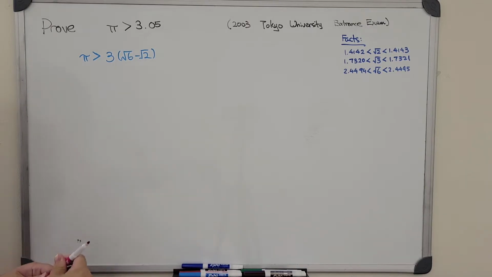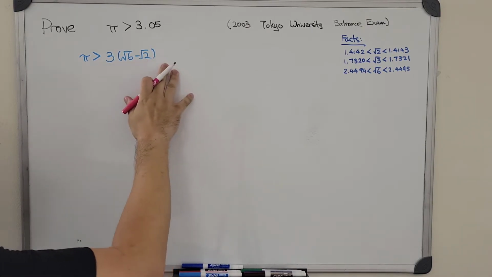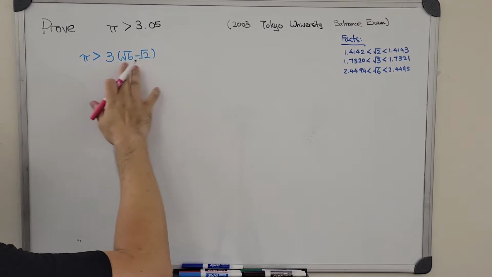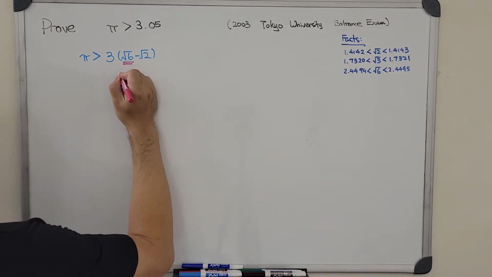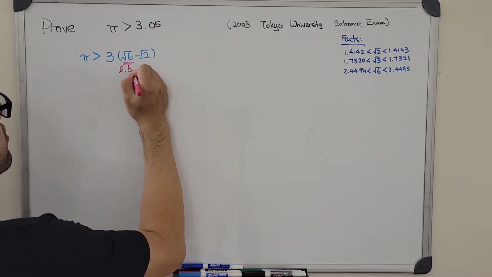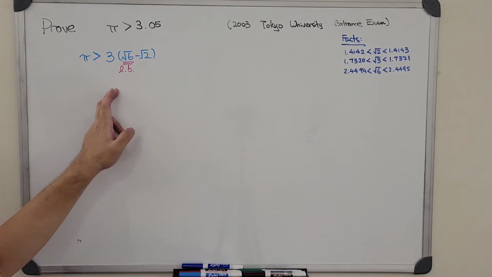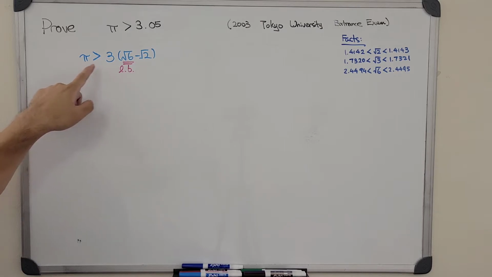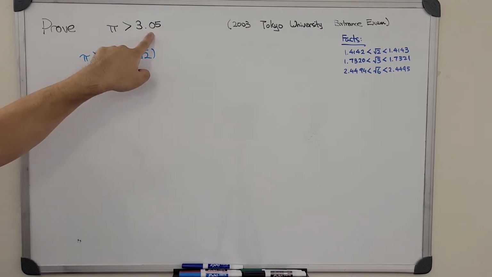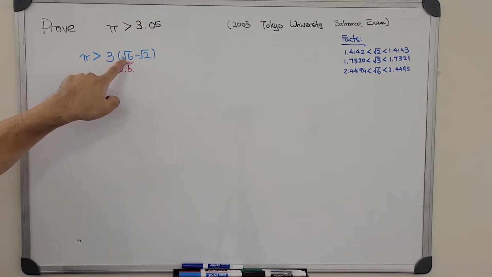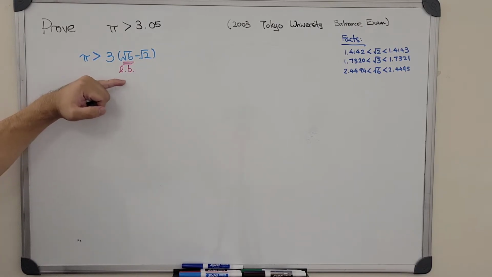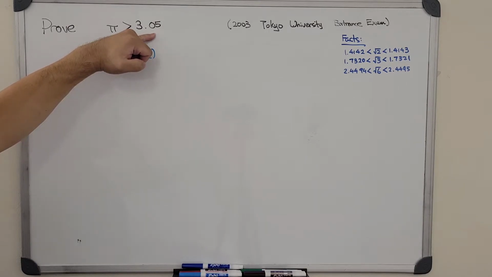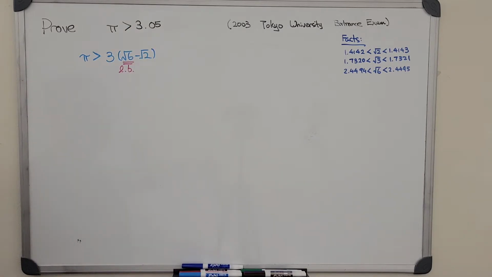Since we want to show that this is greater than, we also want to show that it's greater than the lower bound of this number, so that if the lower bound is still bigger than this value, then this whole thing will be bigger than the lower bound, which is also greater than this. So this is what we are looking for.